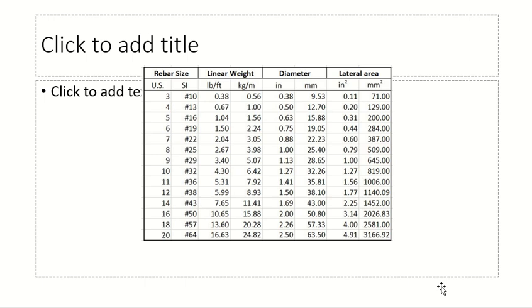But the SI units are very easy, because number 50 basically means almost 50 millimeters, and number 36 means almost 36 millimeters.